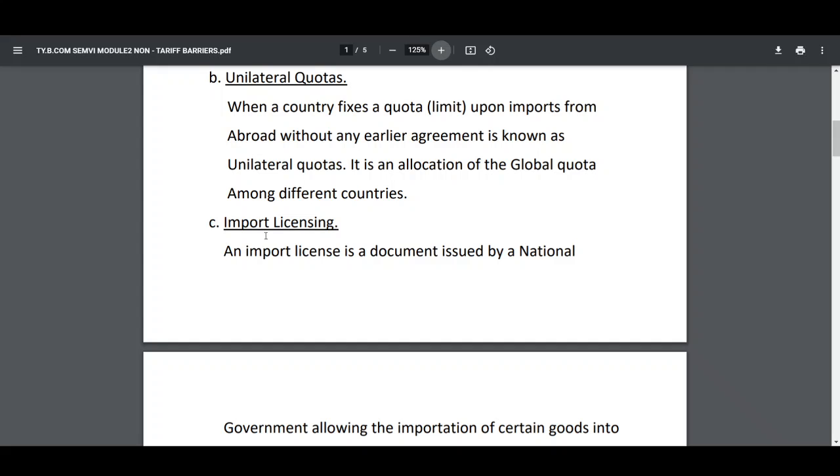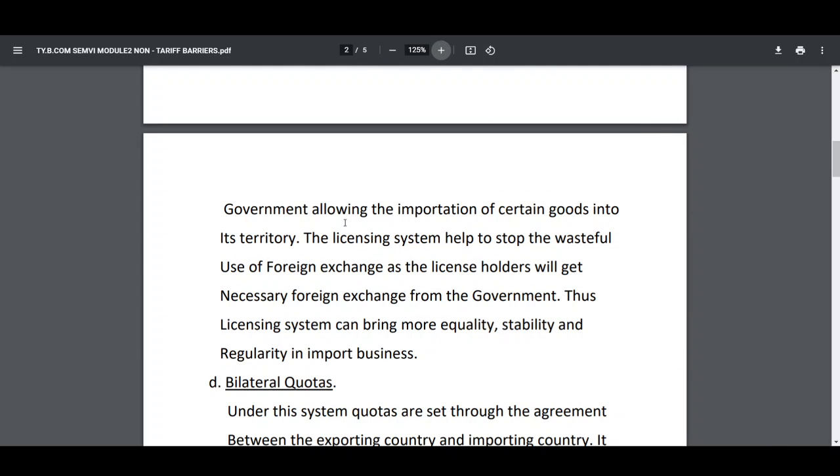Third one, import licensing. An import license is a document issued by a national government allowing the importation of certain goods into its territory, into its area.